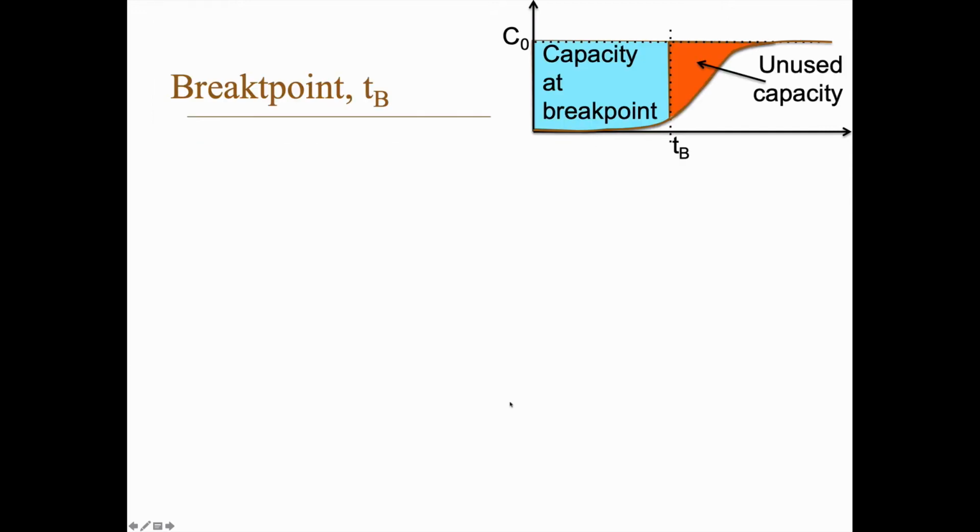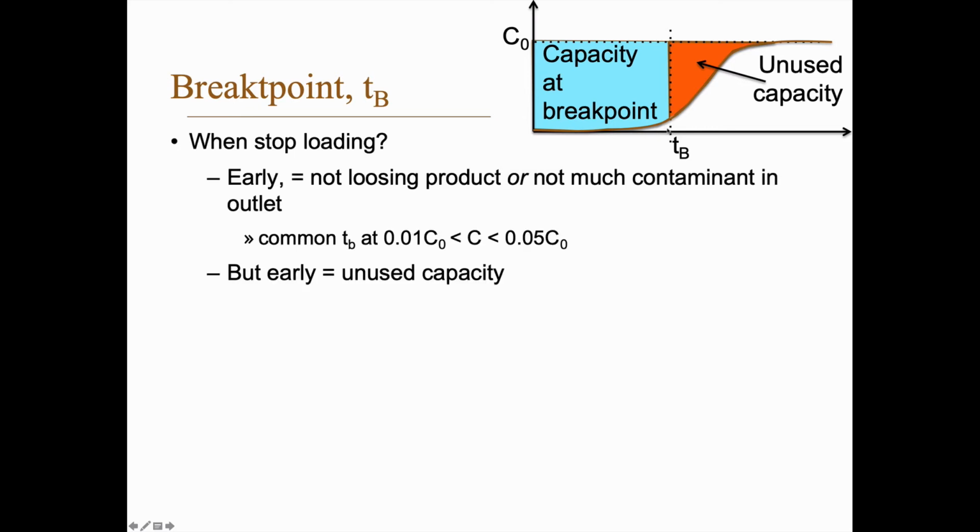Okay, how do I choose the breakthrough point then? Because if I choose a breakthrough point, a breakpoint, then the blue area here is the capacity we have used, and the orange area here is an unused capacity, and then the thing down here is what has come out.